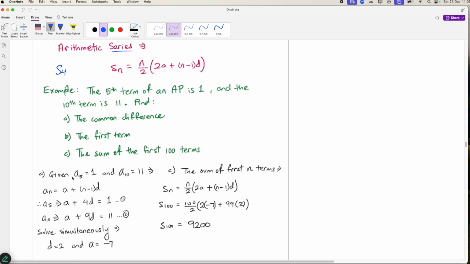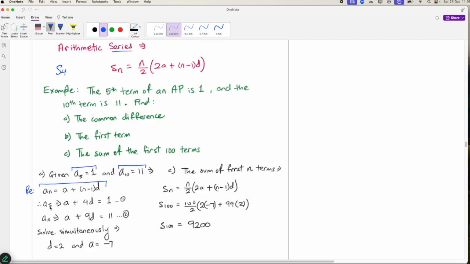Given that the 5th term is 1 and the 10th term is 11, I will recall that the terms are given by this formula, a plus (n minus 1)d.